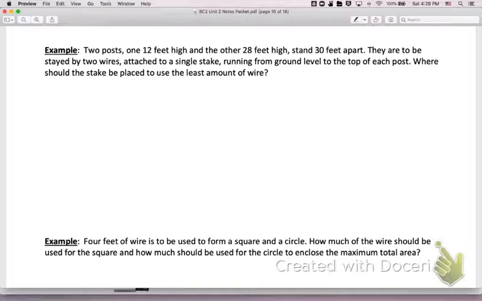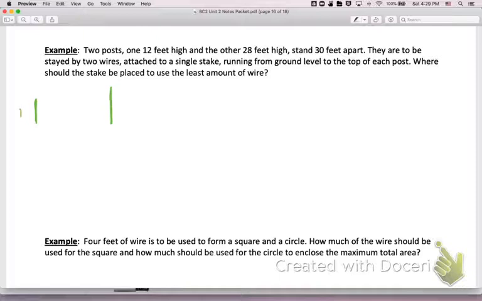So this is definitely one where we want to figure out some sort of a sketch. Here's how this scenario works. We have two posts that are 30 feet apart, okay? So I have one post, maybe right here, and another post. They're not the same height, maybe over here. We know that the total distance between them is 30.